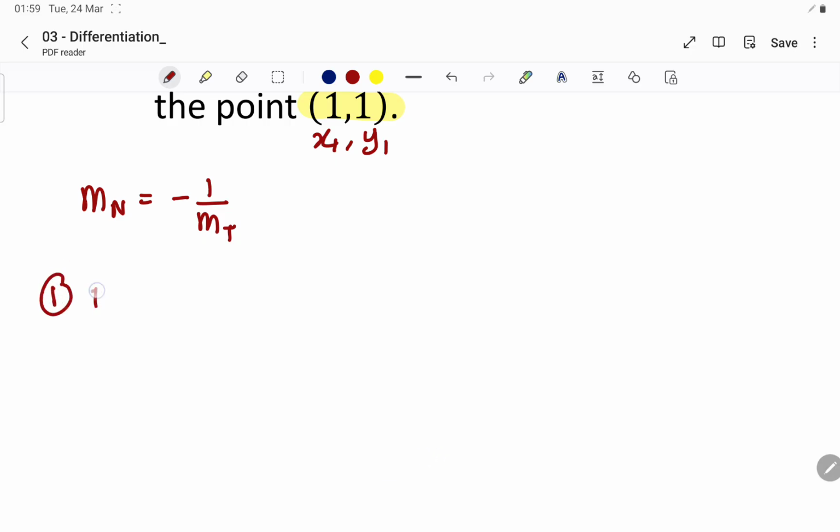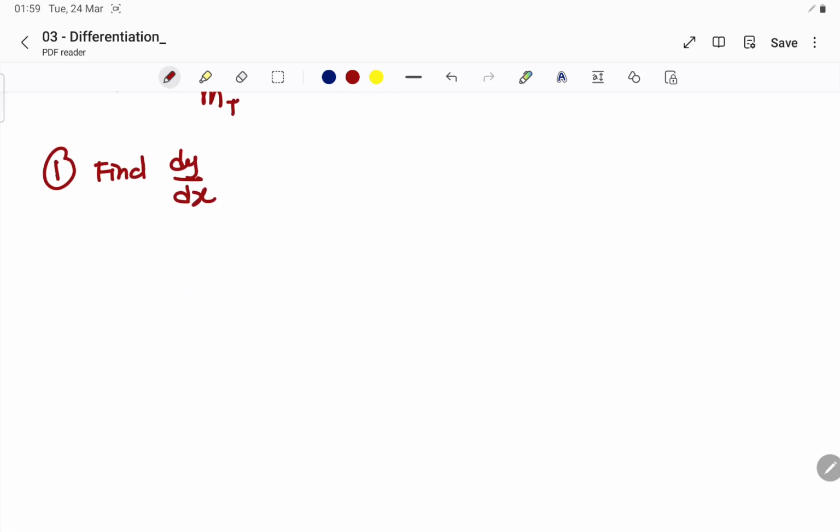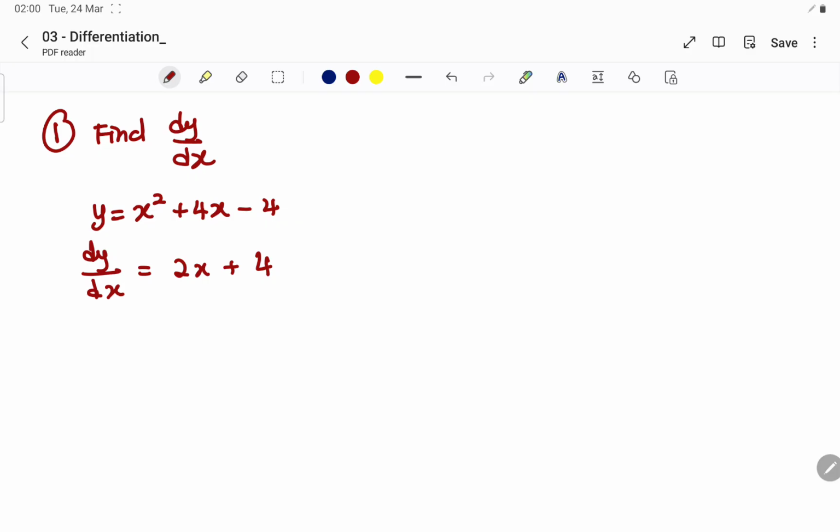The first step is to find dy/dx, which is, we have y equal to x squared plus 4x minus 4. Then you differentiate this: x squared becomes 2x, 4x becomes 4, negative 4 becomes 0, so no need to put it. Okay, so this is your dy/dx.